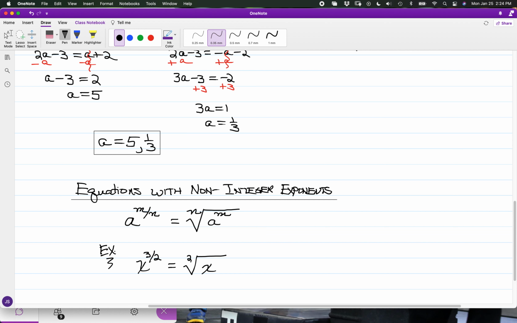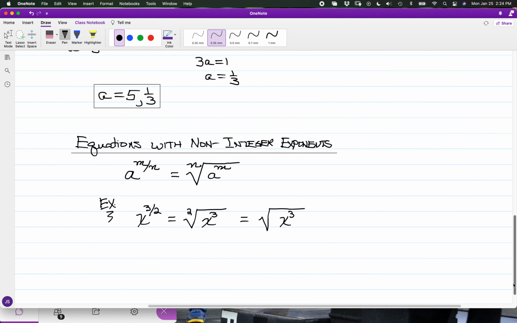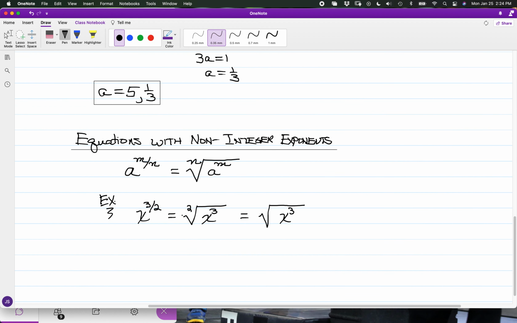And a to the m will be represented by x to the 3rd. And again, for second roots, you don't see the number 2 for those types of radicals. We're looking at square roots. So x to the 3 halves will become the second root of x cubed, which reduces to the square root of x cubed.